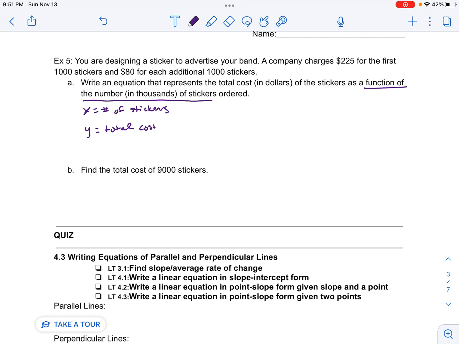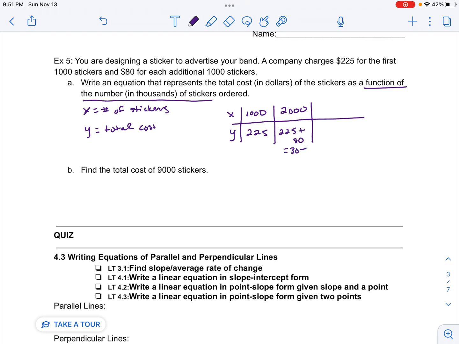Okay, so when I look at this, there are a couple different things. I know initially that for 1,000 stickers, I have been charged $225. But for 2,000 stickers, I'm charged $225 plus 80.